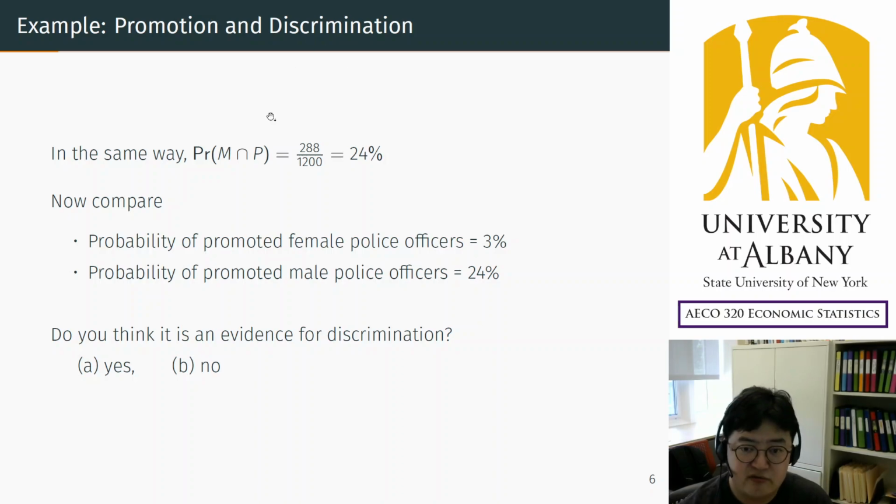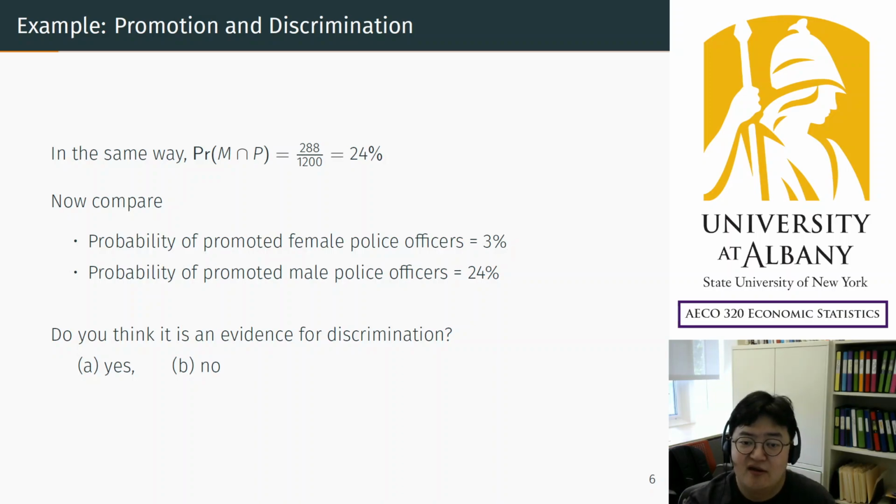Now you may think like this. Based on the data, the probability of promoted female police officers was 3%, and that of promoted male police officers was 24%, 8 times larger than that of female.